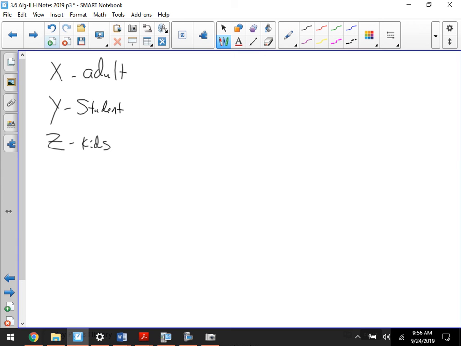So it talked about how much everything costs, and it talked about a total number of tickets. This is very, very similar to the one we just did. How many tickets were sold? 278. So the combination of all three of these has to add up to equal 278. How much money was sold? 1,300.